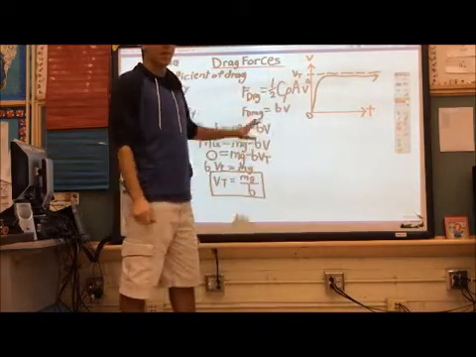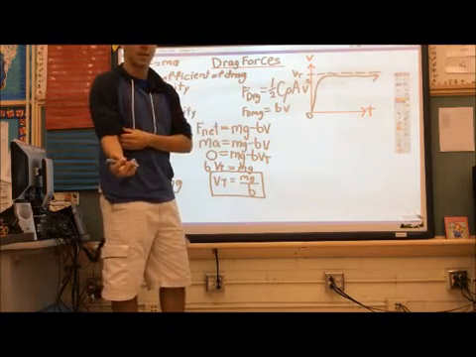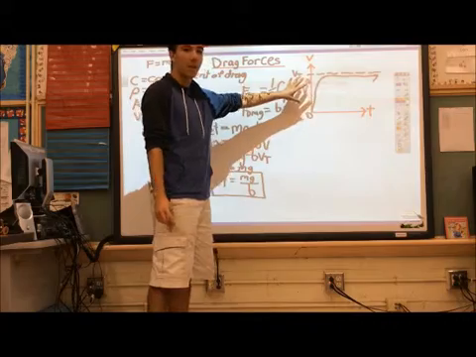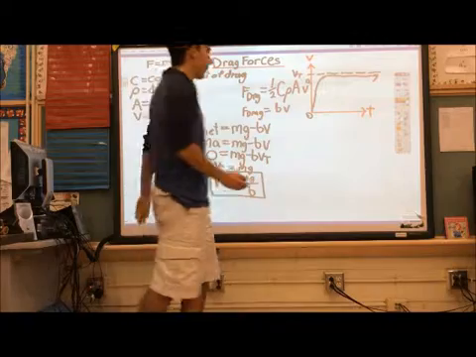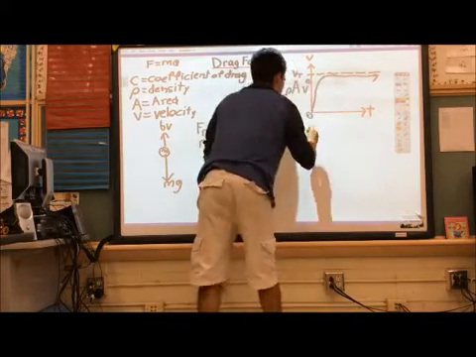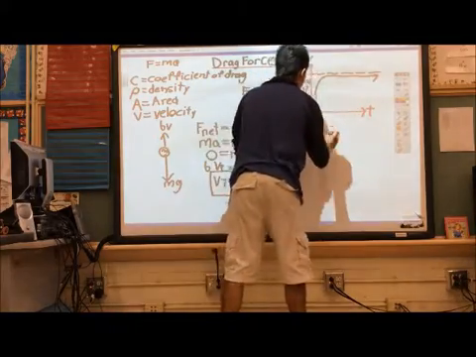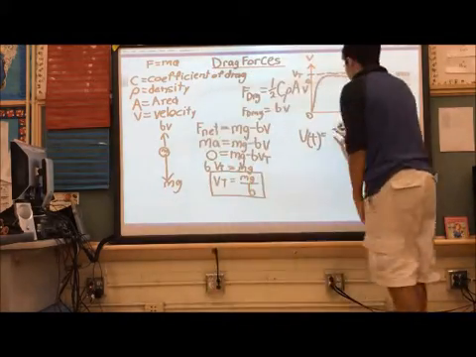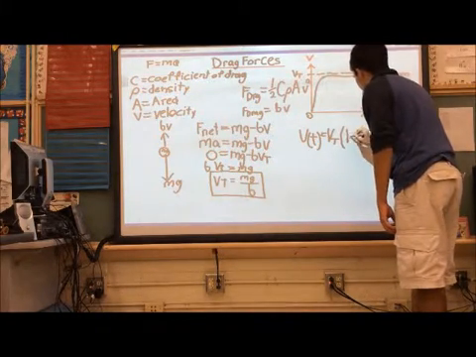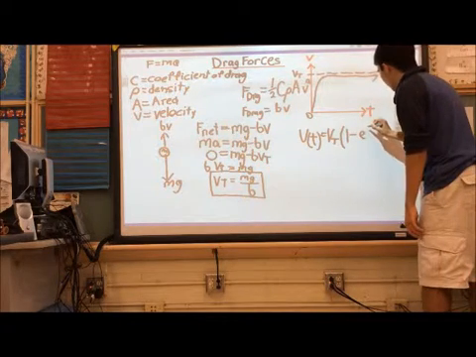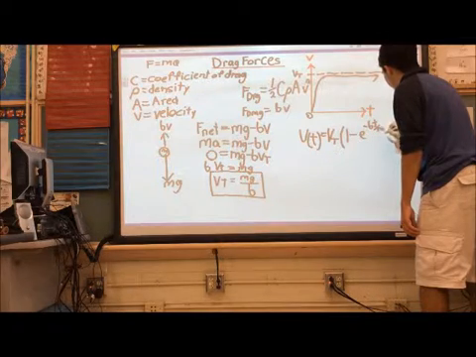So this might not be the best drawn graph, but if you want to see a more accurate representation of it, the formula for this, using this approximation, would be the velocity as a function of time is equal to the terminal velocity times 1 minus e to the negative bt over m.